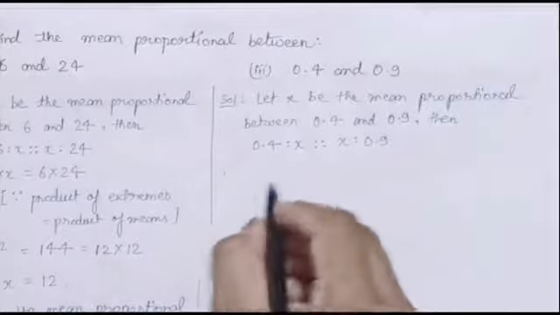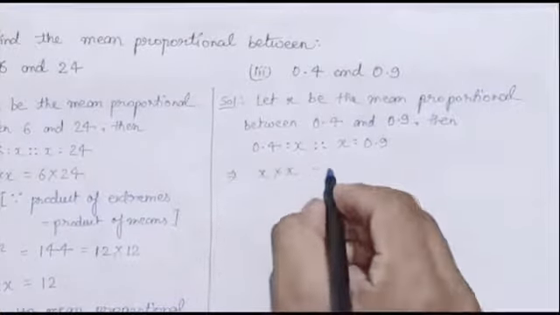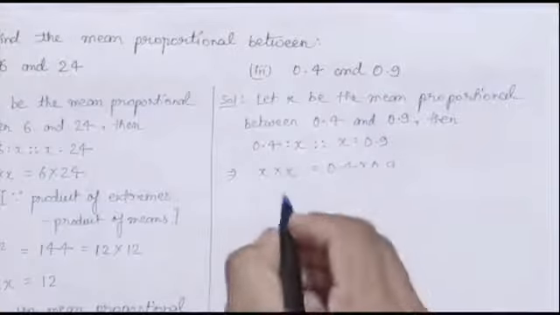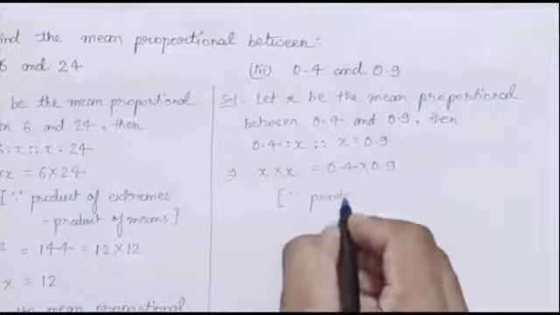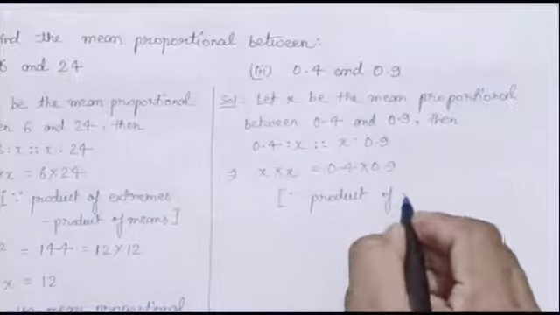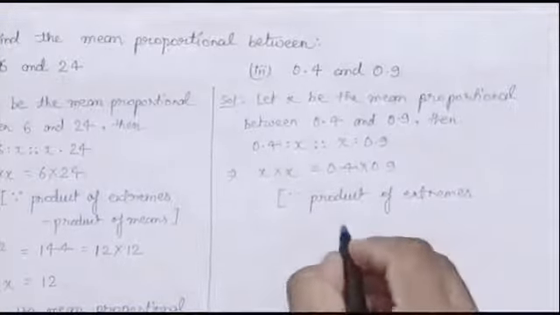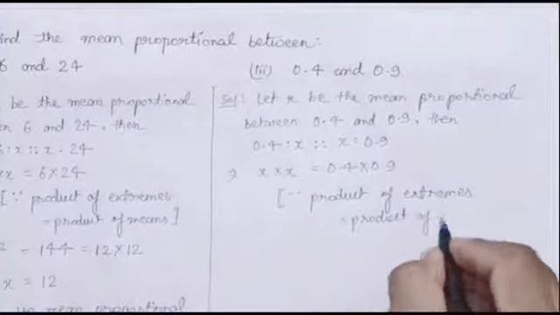Again, this expression implies that x into x is equal to 0.4 into 0.9, since we know product of extremes is equal to product of means.